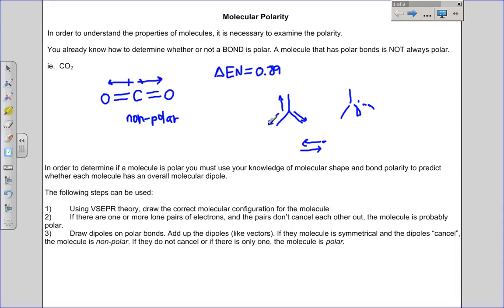So this vector would add to this vector, and we'd get this resulting vector. So you can kind of see that those ones can cancel one another out. All you need to be able to do is recognize when the dipoles will actually cancel one another out.